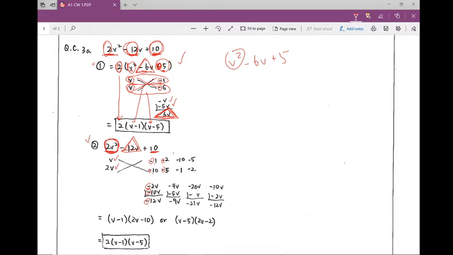So I made them negative. But notice this part. I flipped everything upside down here, because if I want to find all the possible cases for multiplication, if I look at this, 2v only gets to be multiplied to negative 1 and negative 2. So I need it to also be multiplied to negative 10 and negative 5, which are also factors of 10.